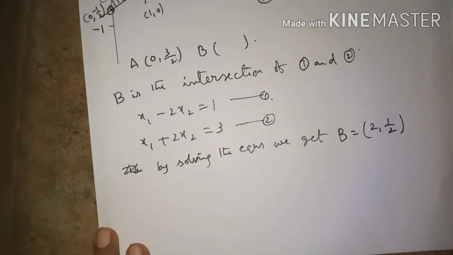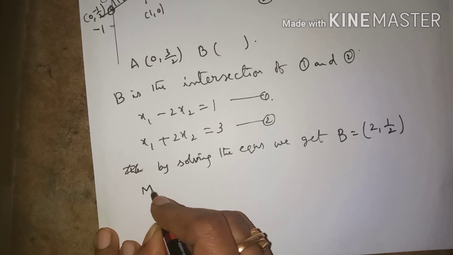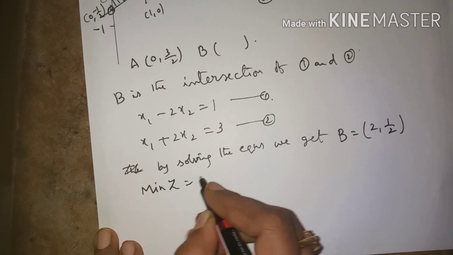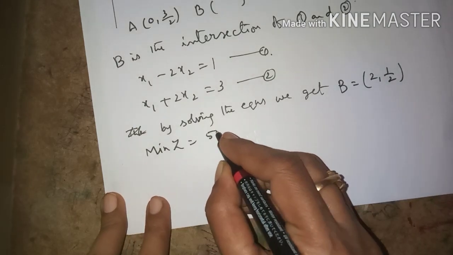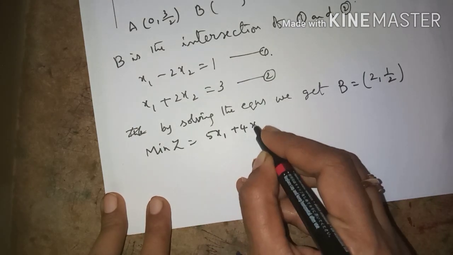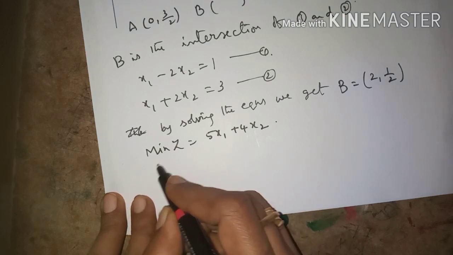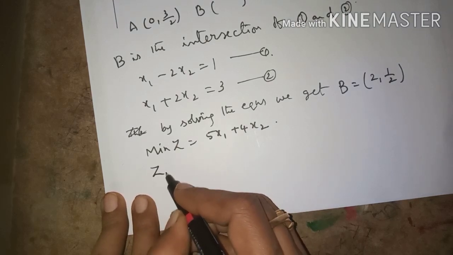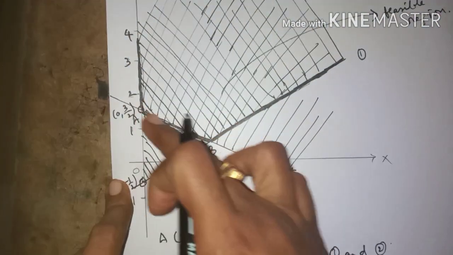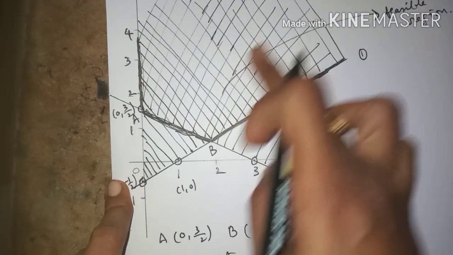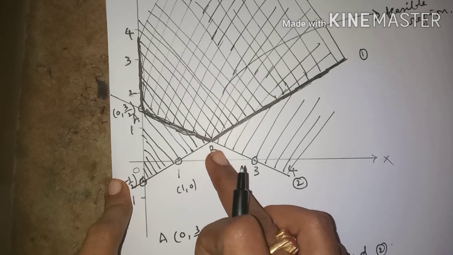Now what to do with this point? Now our max z, min z given is min z. The given problem is in terms of min z, 5x1 plus 4x2. Now the feasible region has only two vertices. This is our feasible region, A point and B point.